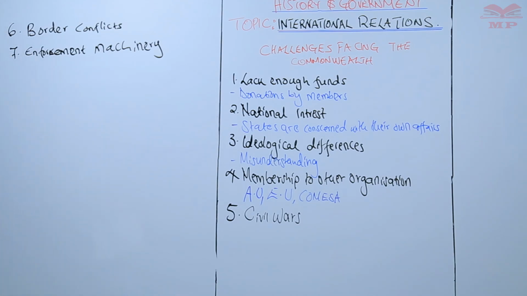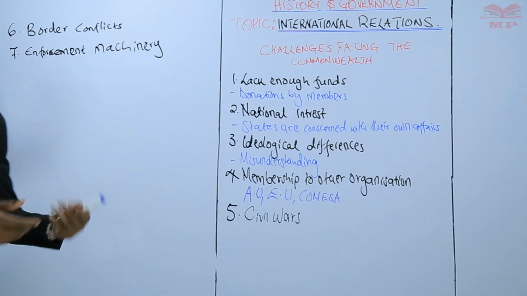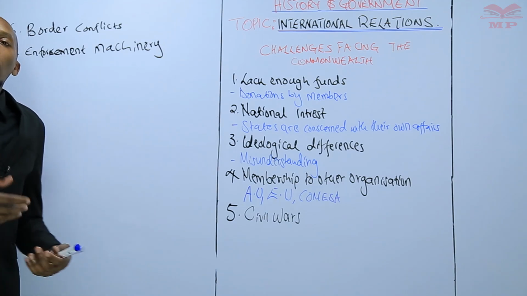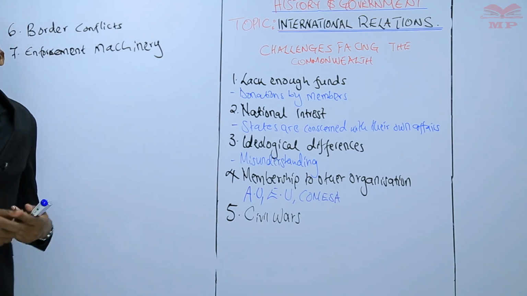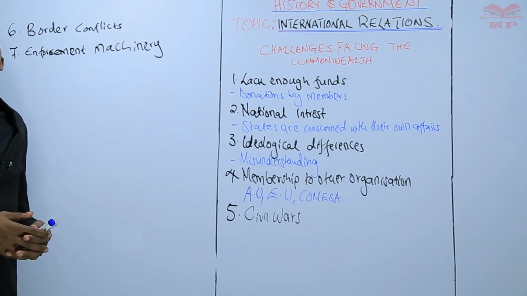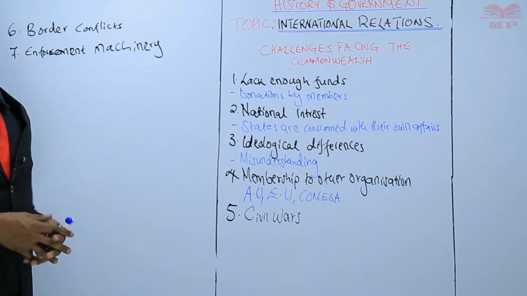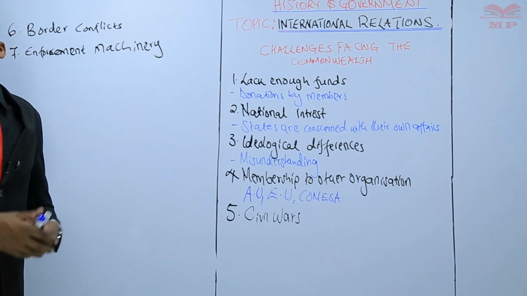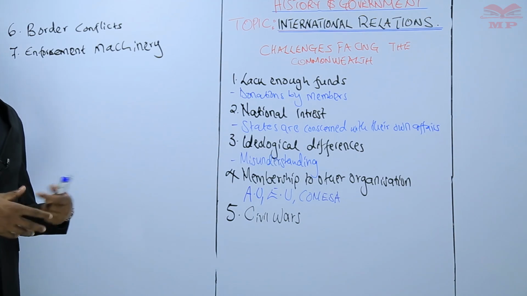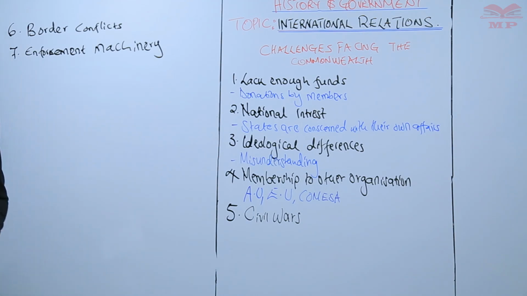They do not have an army to enforce those policies. They only rely on the goodwill of the members to provide their soldiers or to provide their armies to enforce the policies that they have accepted. And then apart from that, that is number 7.